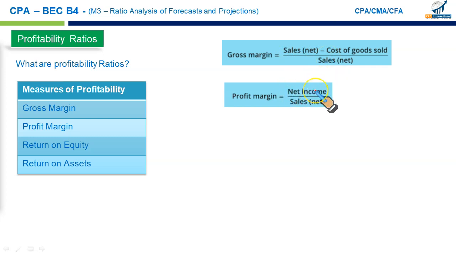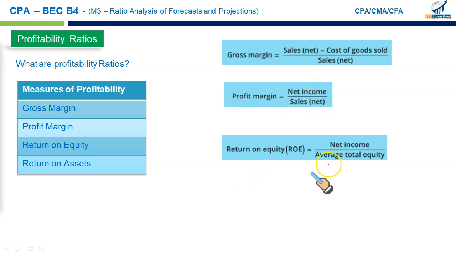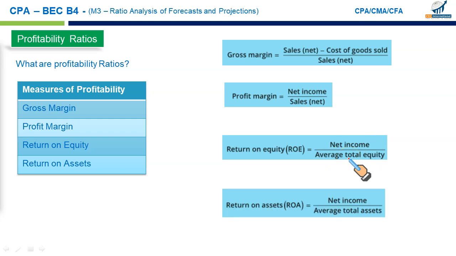Profit margin is the profit expressed as a percentage of sales, net income expressed as a percentage of sales. Return on equity we have already discussed through DuPont models, net income as a percentage of average total equity, and finally the return on assets, that is the net income generated as a percentage of total assets employed by the firm. We have discussed these in much more detail in our previous studies. You just need to know how to calculate, interpret, and comment.